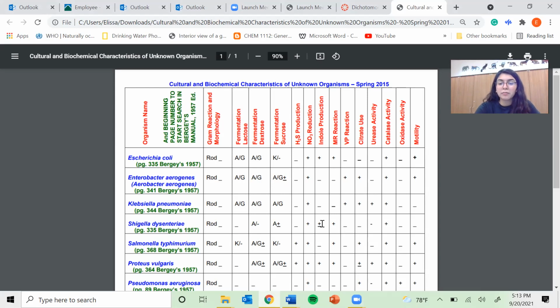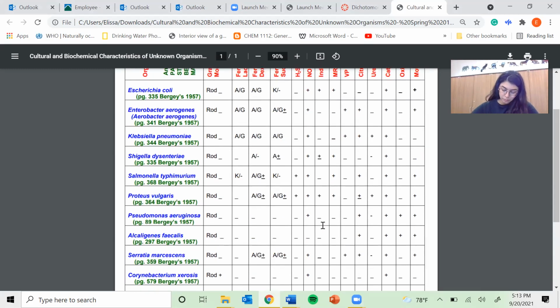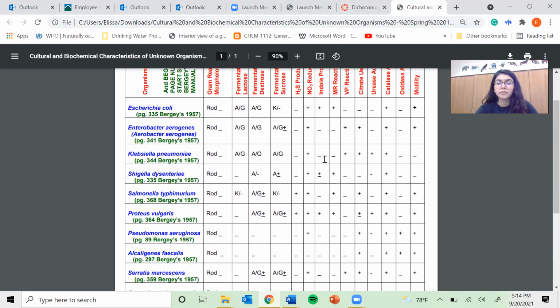Next would be the positive and minus over here. That just means that it's not specific to the species. So like Shigella dysenteriae, indole production is not specific to this particular species.